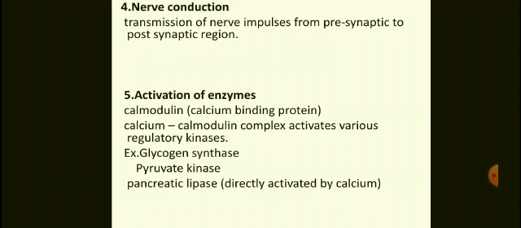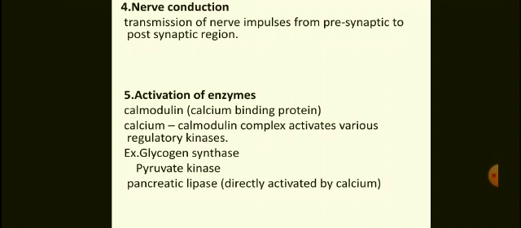Calcium helps in the transmission of nerve impulses from presynaptic to postsynaptic region. And calcium is required for activation of enzymes. Now, there is a protein called calmodulin, which is a calcium binding protein.